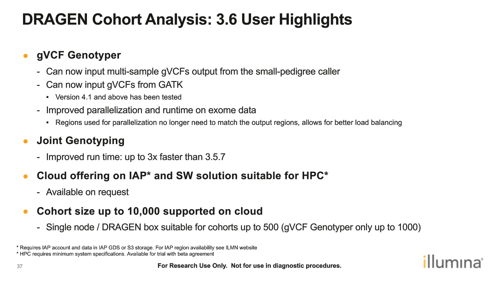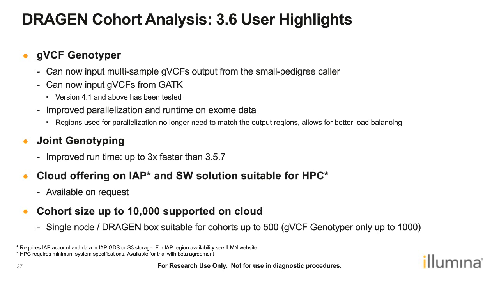So if you have a smaller cohort, you can run it on the DRAGEN server in-house. But if you have a very large cohort, then the DRAGEN Box, which is a single node, becomes not very suitable to do that kind of analysis. So we are offering a software solution. This is today available on request for DRAGEN customers, and it can run in 2 ways. It can run on our cloud offering, which is the Illumina Analytics Platform.